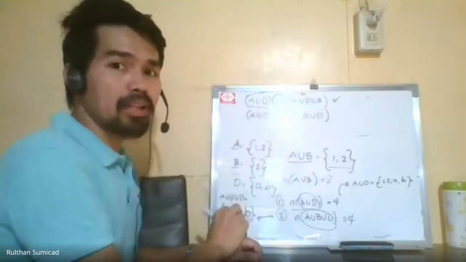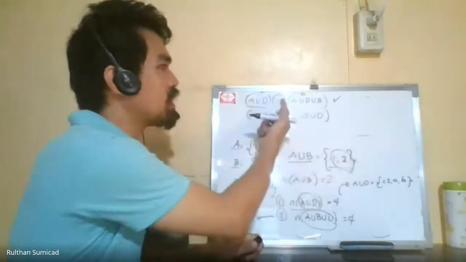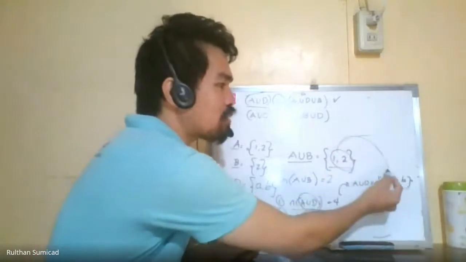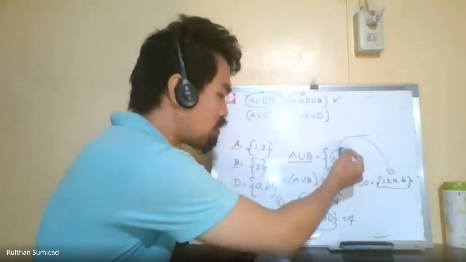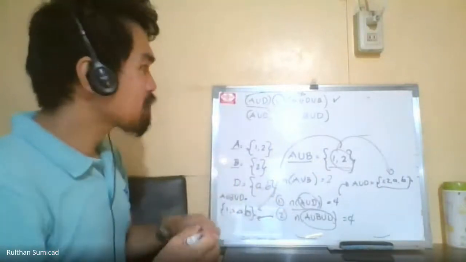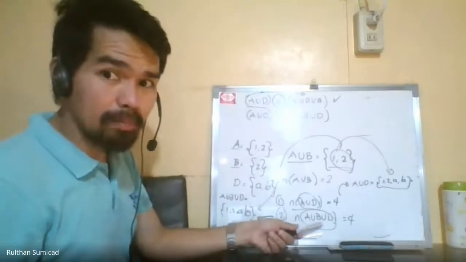That's the definition of subset. In this case, we know that A union B contains these elements, and since all of them are found here, it means that A is a subset of A union B union D.